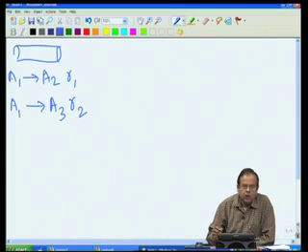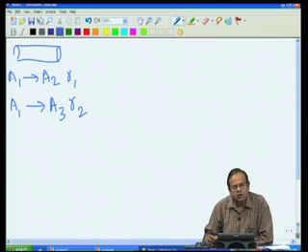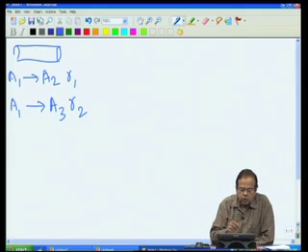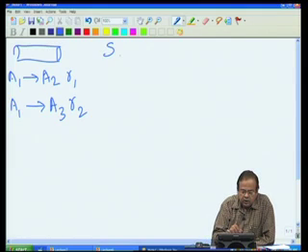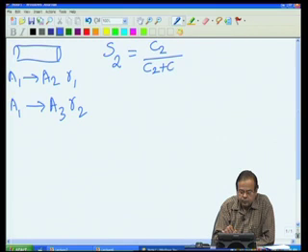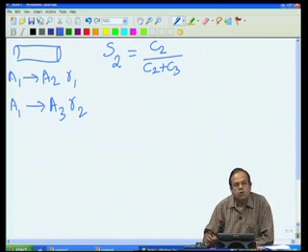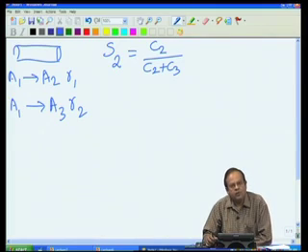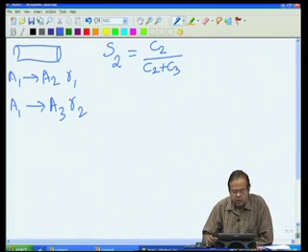We make another assumption that the volumetric flow rate is constant. So, the selectivity capital S2, which is defined in terms of molar flow rates, can now also be defined in terms of concentrations, because we have assumed the volumetric flow rate is constant for the sake of this illustration.